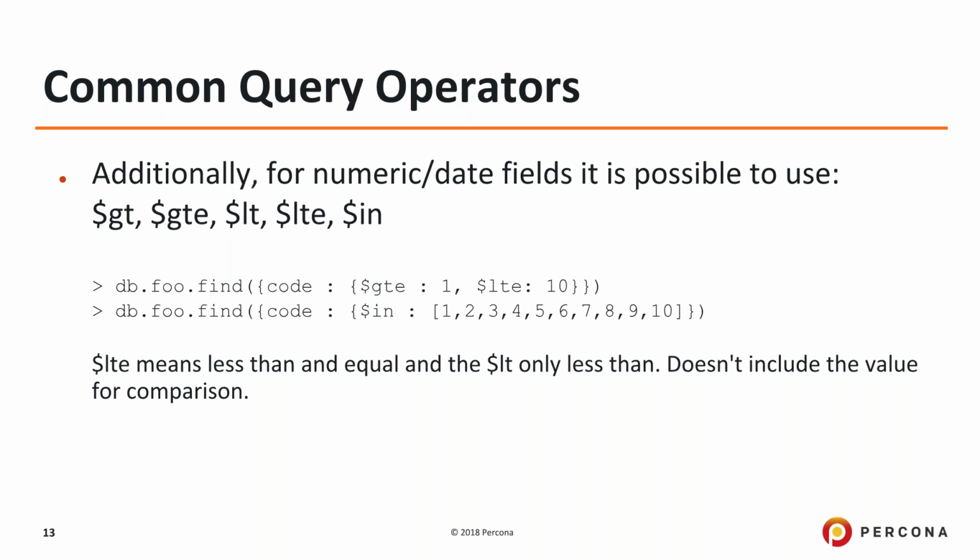So in the first example, we have greater than or equal to 1, less than or equal to 10. So the first find query is basically doing a range query between 1 and 10 on the field code. The second query is using $in on a specific array list of values. So that's another thing that you can do in MySQL also.